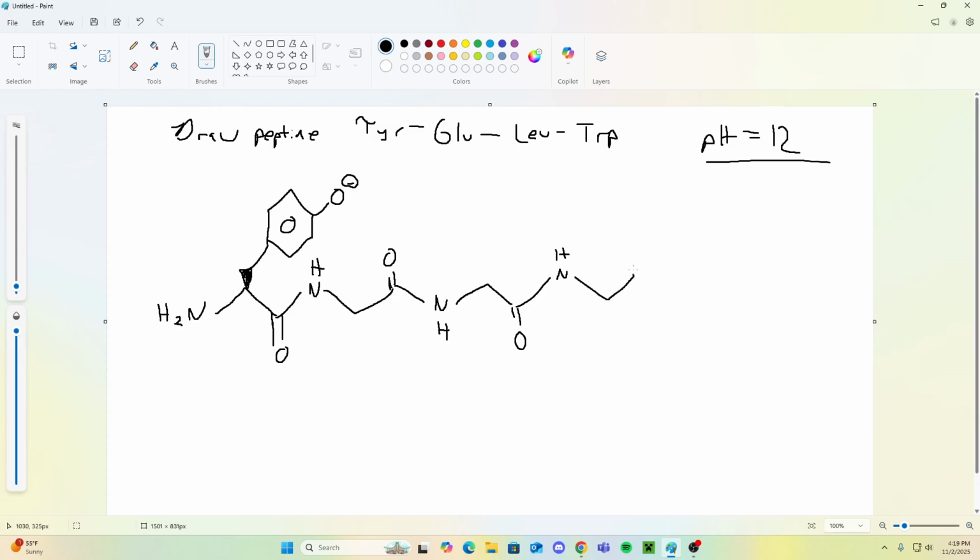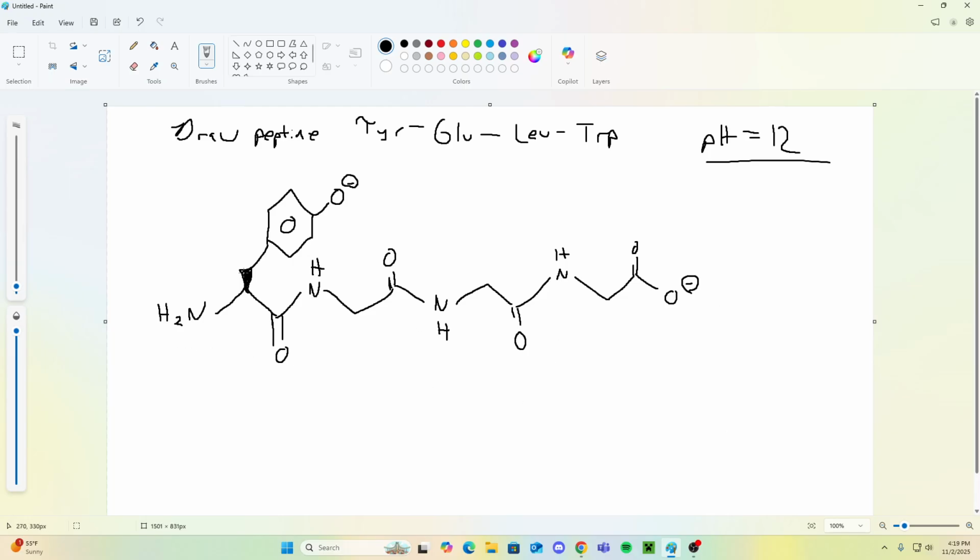Boom, boom, and then an O minus at the end because normally it would be an O minus, unless the pH was very low. So this is our peptide backbone.